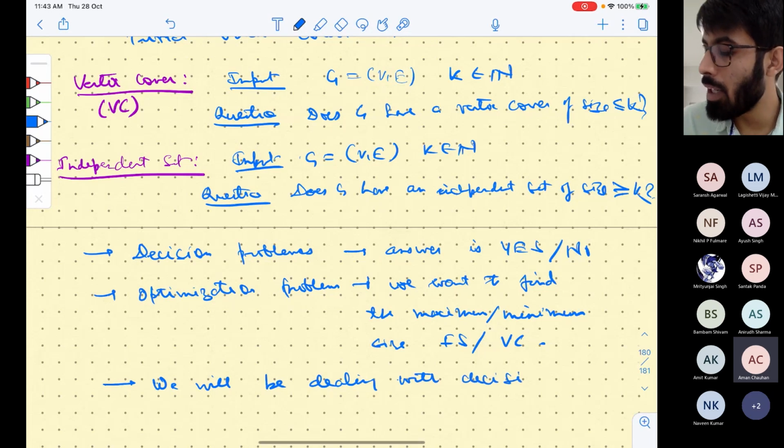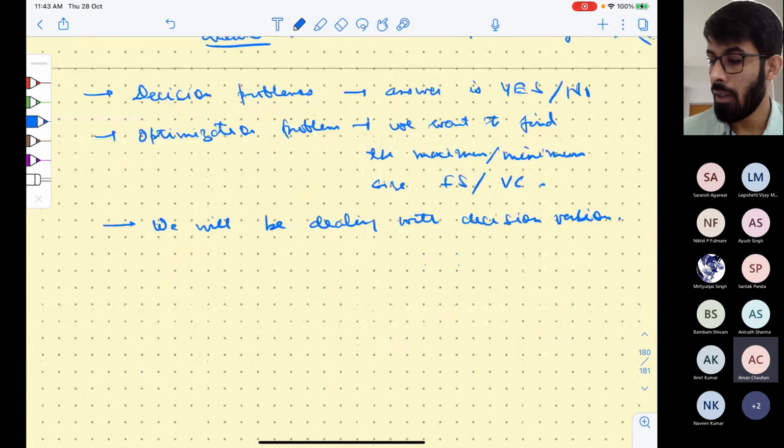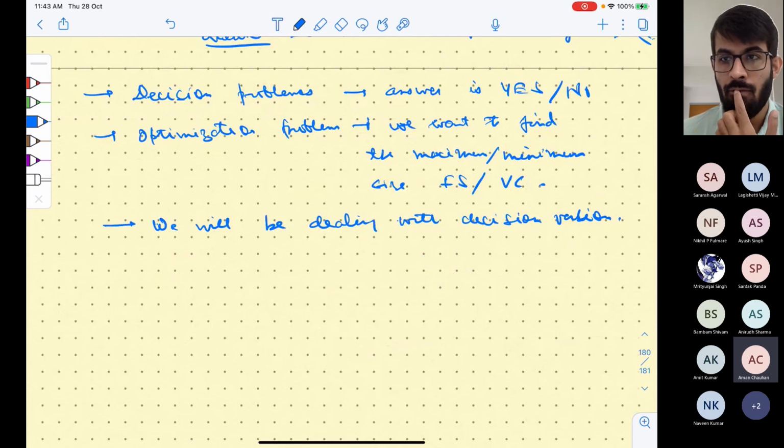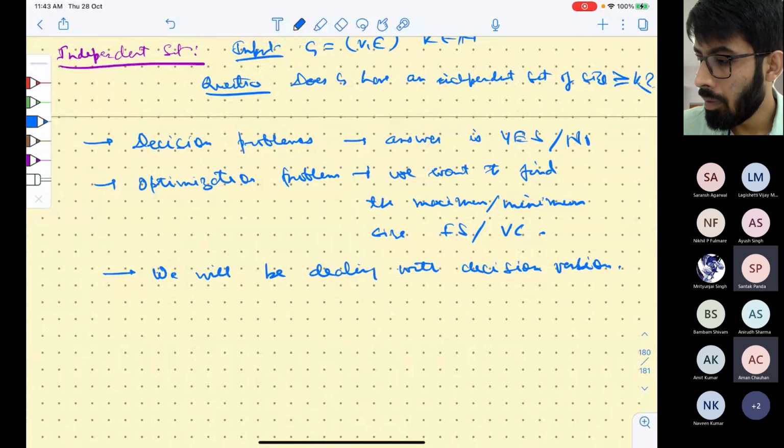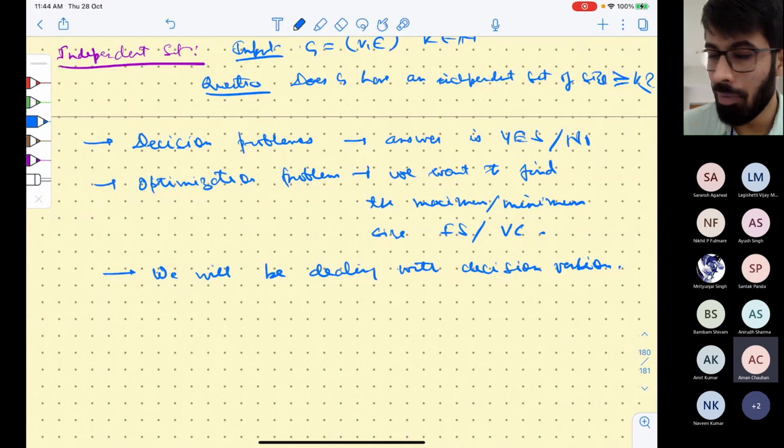So can someone say which one is actually easier? Or can we solve one using the other? The maximum or minimum could be reduced to the decision one. Actually, the other way is easier, right? Decision can be reduced to maximum or minimum very easily. Just find the maximum or minimum and see whether it is k or not.